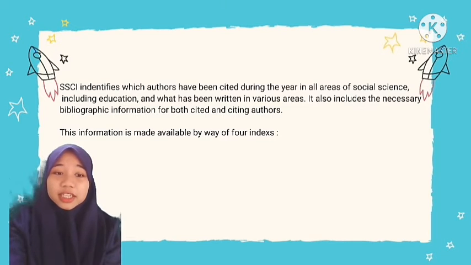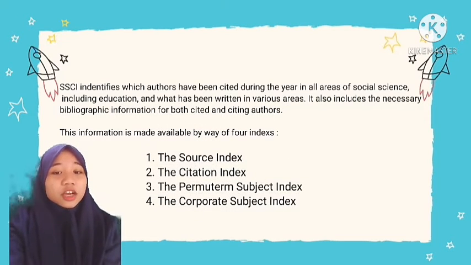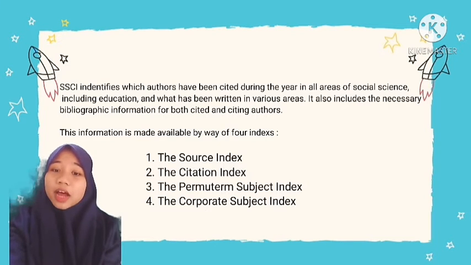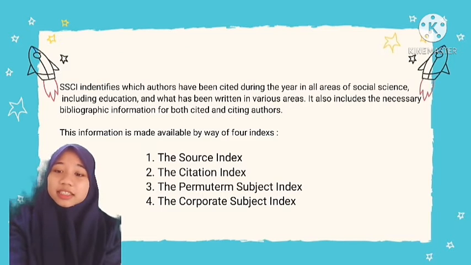The information is made available by way of 4 indexes. 1. The source index. The source index is an alphabetical list of all authors published in the journals covered by SSCI during the year.